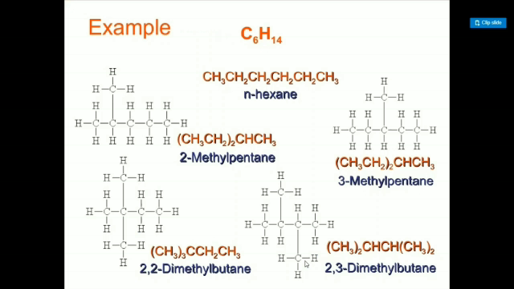Structural isomers are different types. Here another example is given of C6H14. Normally n-hexane or normal hexane is here, but you can see here, another structures are also there, which are 2-methylpentane, 3-methylpentane, 2,2-dimethylbutane and 2,3-dimethylbutane.